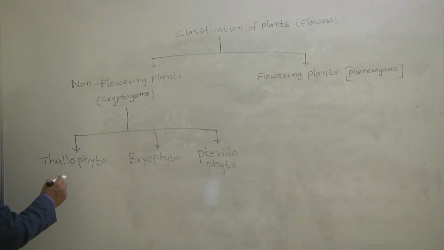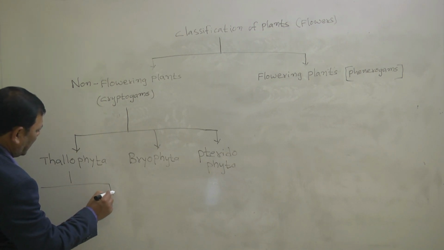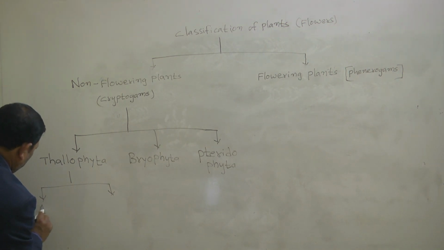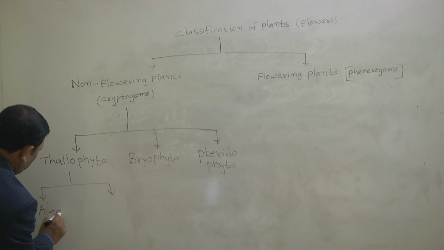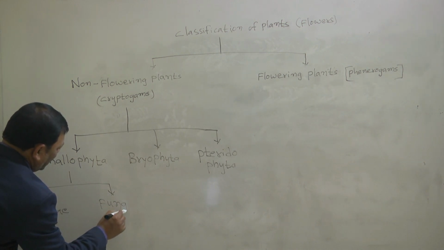This thallophyta is divided into algae and fungi.